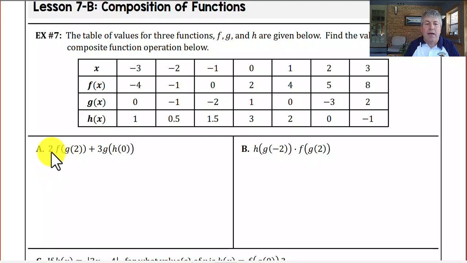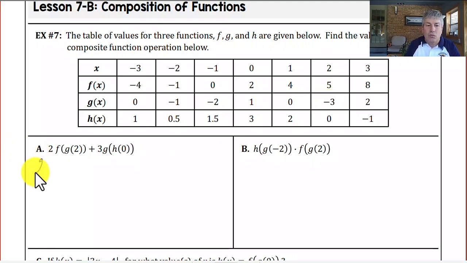So in example A, we want to find 2 times f of g of 2 plus 3 times g of h of 0. So going from left to right, I want to find g of 2. So I go over to 2, find g of 2, and I see that is negative 3.